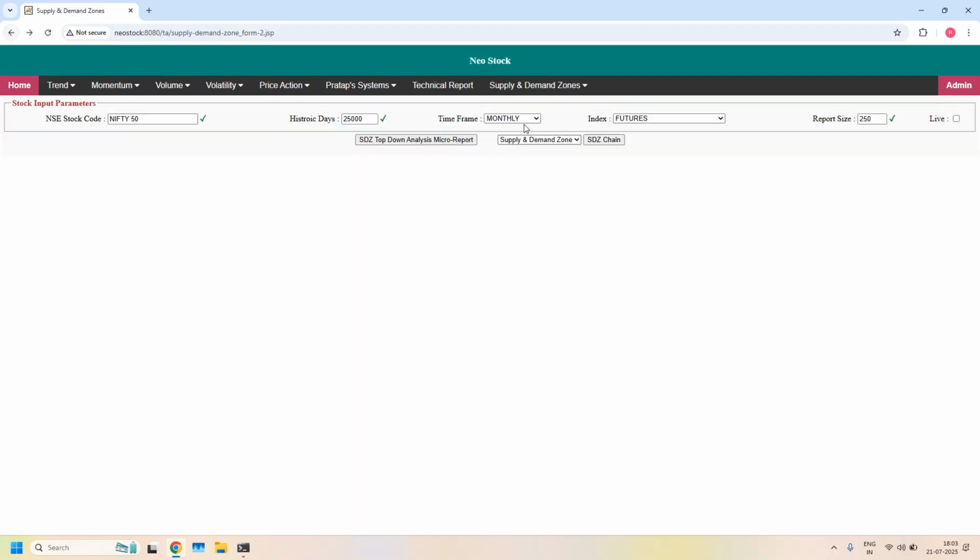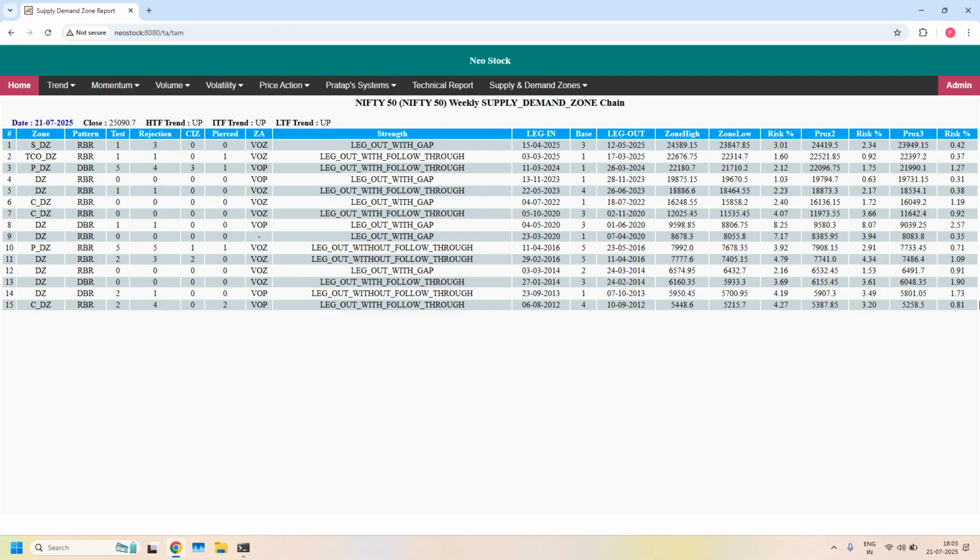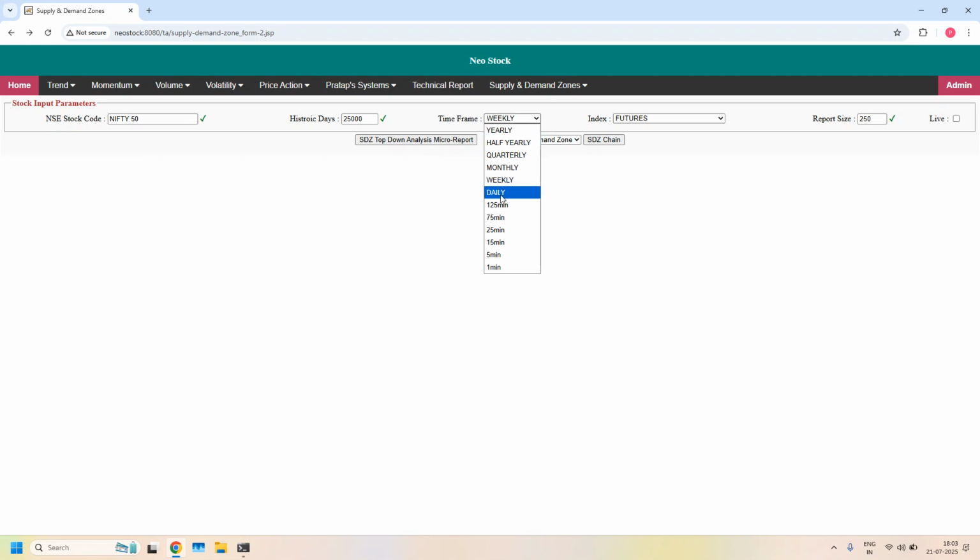Okay, next, generating weekly supply demand zone chain for Nifty. Next, generating daily supply demand zone chain for Nifty.